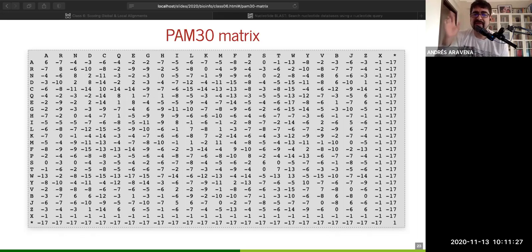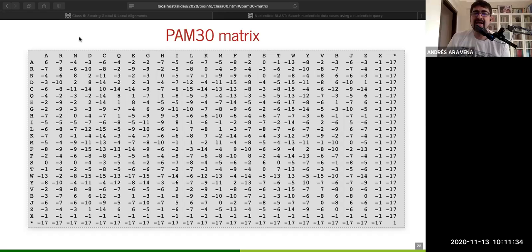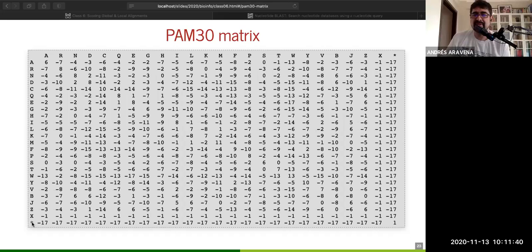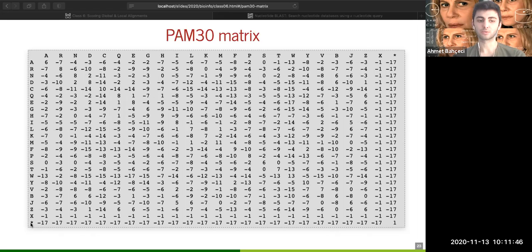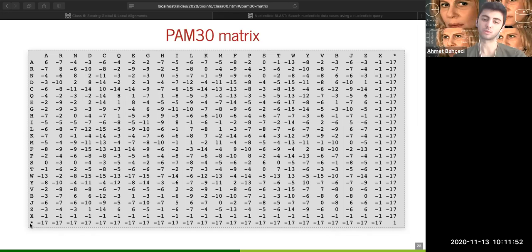But there are simple things that we have to say. First, why is there a star at the end? Let's say there is a star at the end. The star here represents the gap, if I am not wrong. Is it the rule to prepare the matrix, or we didn't have any in your Excel sheet?